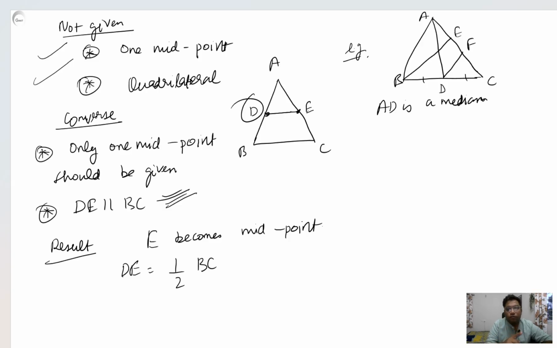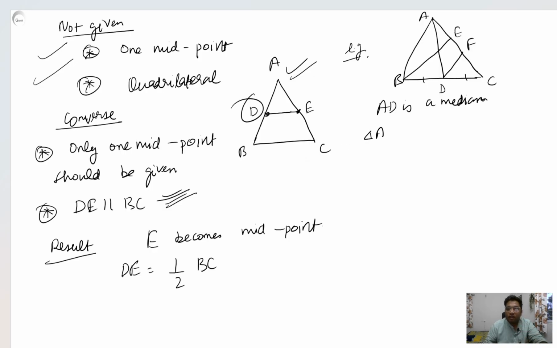Look, the first thing you have to spot is the triangle itself. If you see that a midpoint is given and you get that shape of the triangle, where a line is parallel and a midpoint is given, I'll tell you which two triangles I am looking at.